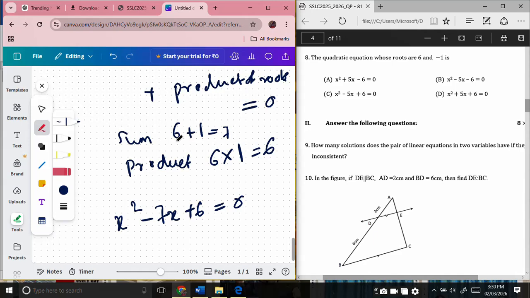Here in the question they have given minus 1. Sorry, I have taken plus 1. So it is minus 1. Let me solve.